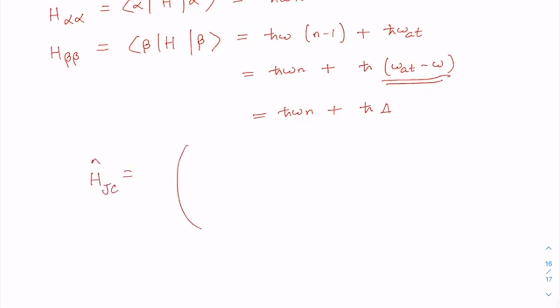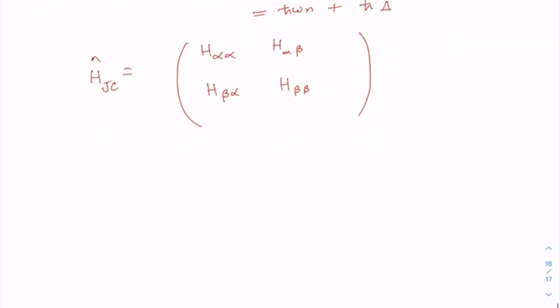So we have H alpha alpha, H alpha beta, H beta alpha, H beta beta. As I have worked out all the elements, let me just write it down.